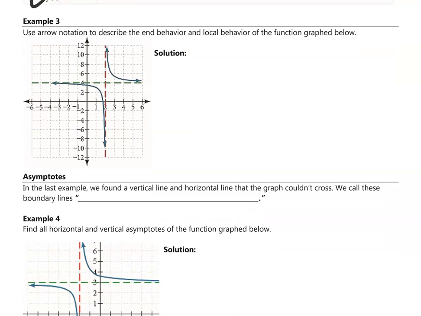Okay, let's have another example here. Use arrow notation to describe the end behavior and local behavior of the function graph below. What do you notice about this graph? Again, we can have our left end behavior and right end behavior.